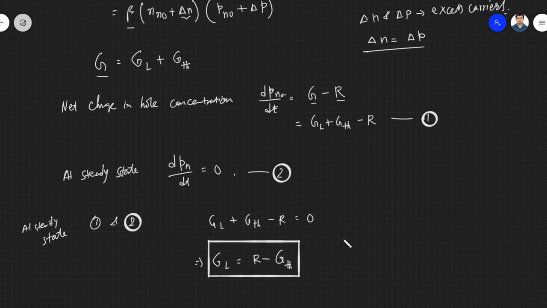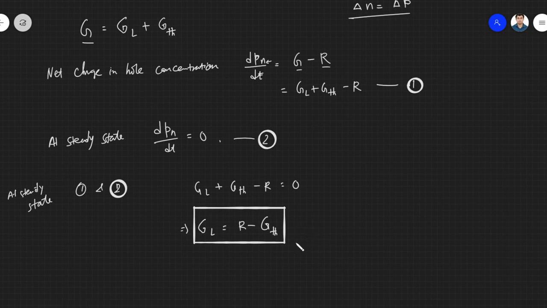So at steady state, the rate of generation because of light has to be equal to the rate of recombination minus thermal generation. Intuitively also you can say this. The best way to understand is that the total generation rate, GL plus GTH, is equal to the total recombination rate. Not always, but at steady state.